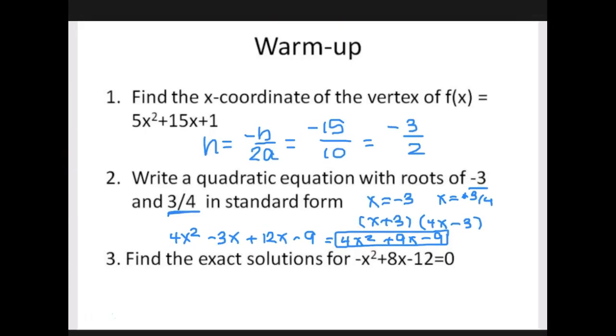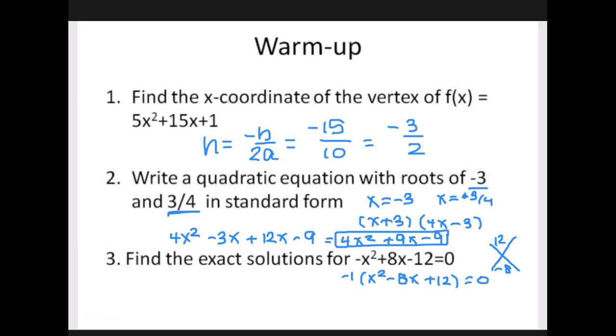And then it said find the exact solutions. So the solutions are what you get when you factor or use the quadratic formula. So you could have looked to factor this. So you would have maybe possibly taken out a negative 1, leaving you x squared minus 8x plus 12 equals 0, which meant that you needed factors of a positive 12 that added to negative 8.